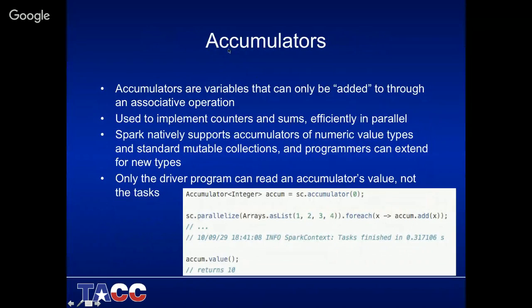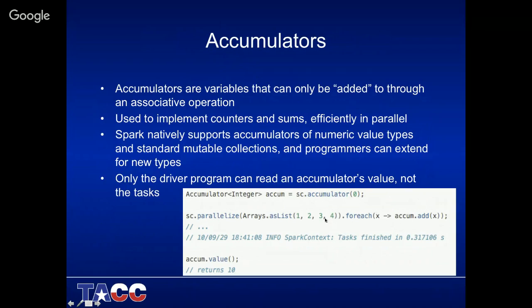There's another feature called the accumulator. When you look at the example here, use the Spark context and then parallelize a list 1, 2, 3, 4. Then for each loop over the 4 elements, you want to use the accumulative function. There's an associated operation called accumulator.add.